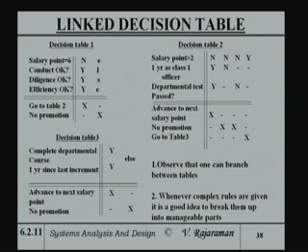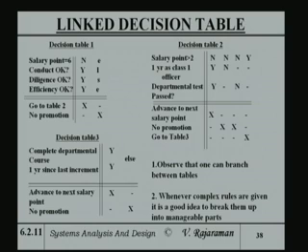Now, you can link decision tables together. The linking means that one table can lead to another table, which can in turn lead to a third table. In other words, there is a sequencing of tables possible, and linking is very important and necessary in very complex problems, for a simple reason.